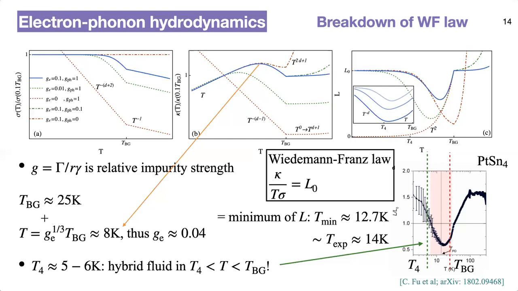At some intermediate temperatures, something between 10 or 50 Kelvin, there is a broad minimum such that the Lorentz number drops down in value, perhaps by a factor of 2, and then it goes back at high temperatures.